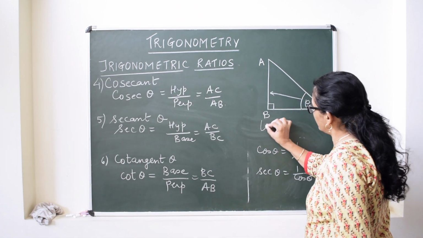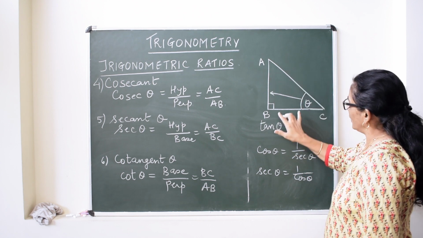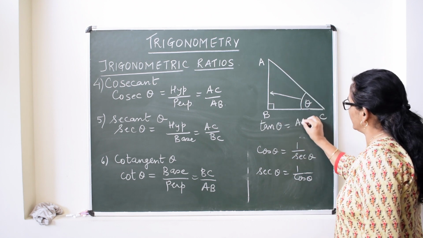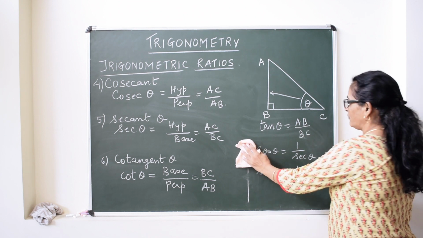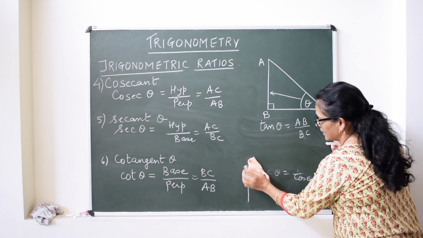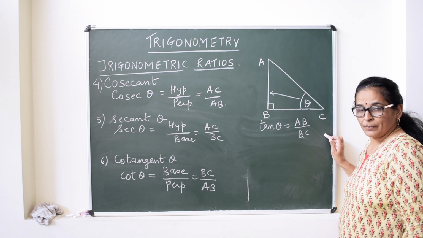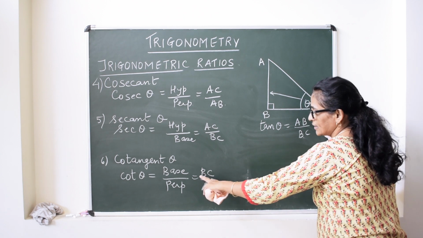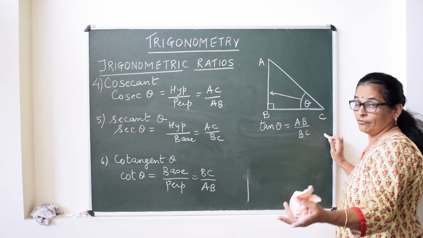That was tan theta, the third ratio. Tan theta is perpendicular upon base, that is AB upon BC. But if you look at this, cot theta is base upon perpendicular. So when you are saying base upon perpendicular, it means cot theta is reciprocal of tan, or tan is reciprocal of cot.